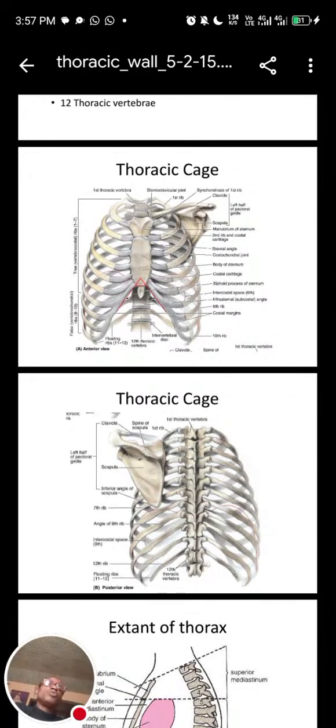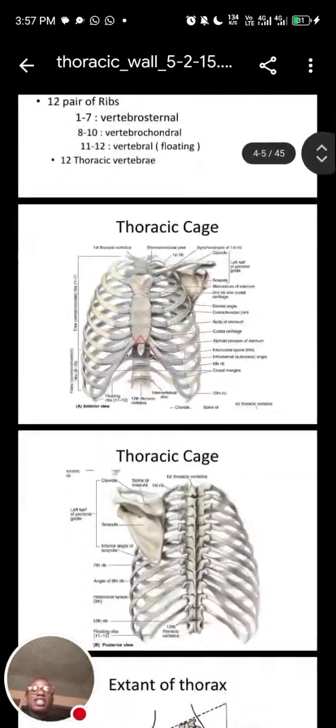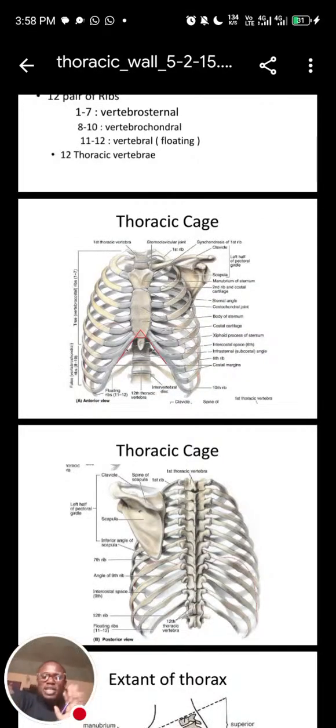The cavity is the potential space where you have the lungs and the heart. Another is neurovascular bundles and vessels. You appreciate that very well when we are looking at abdominal vessels, where you see the vessels from the heart going to supply structures in the abdomen. You see it now? Okay, so we move on.